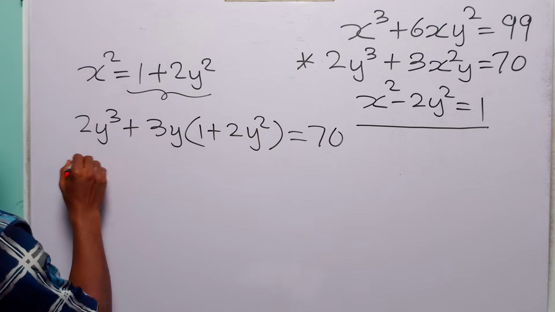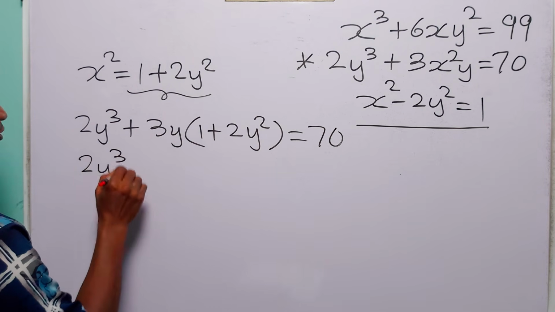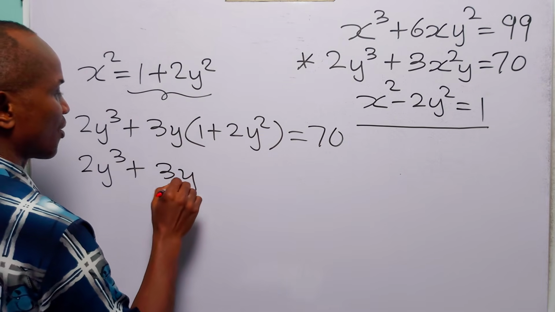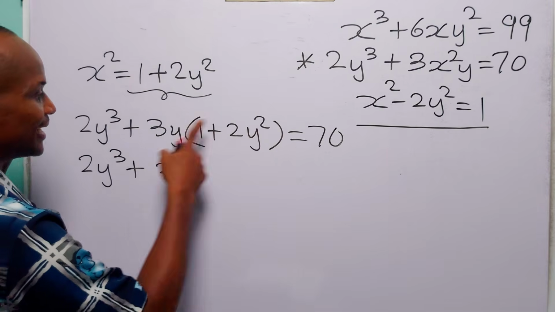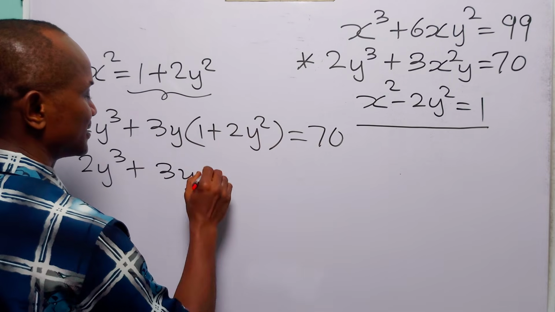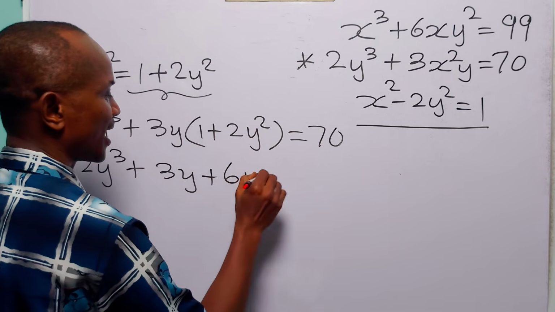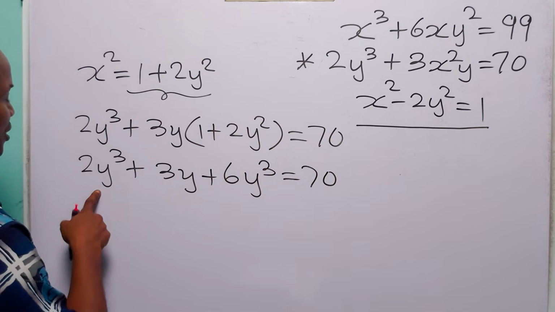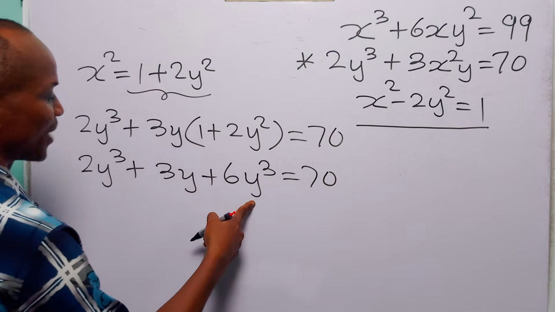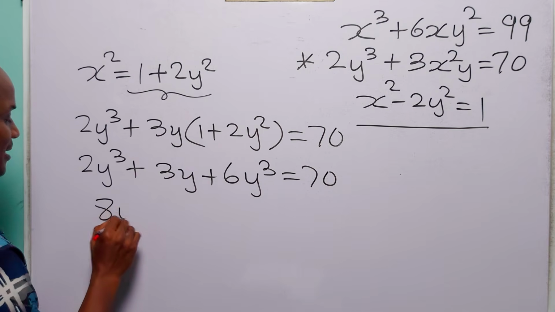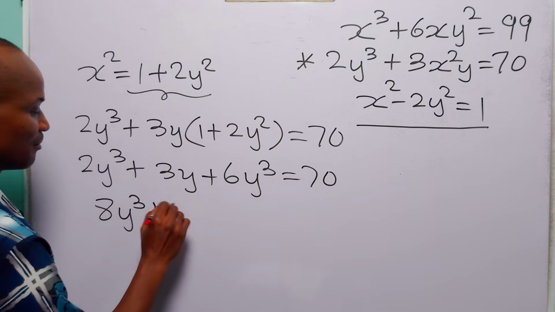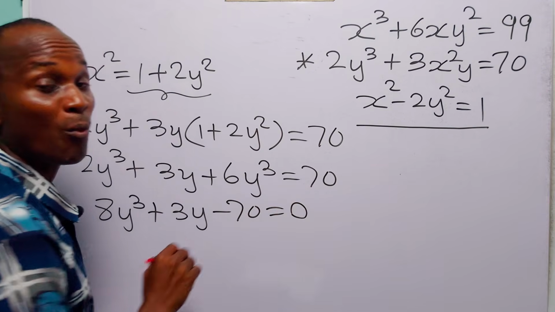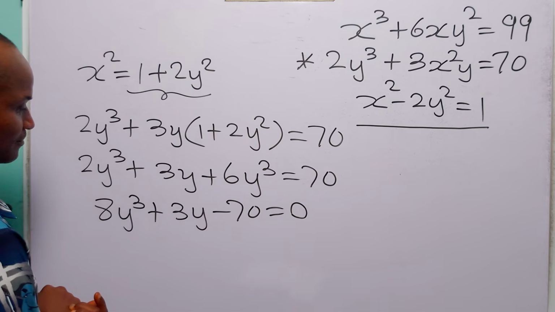Now, simplifying this equation, we have 2y cubed plus 3y times 1 is 3y, and 3y times 2y squared is 6y cubed. This is equal to 70. 2y cubed plus 6y cubed is equal to 8y cubed plus 3y minus 70 is equal to 0.